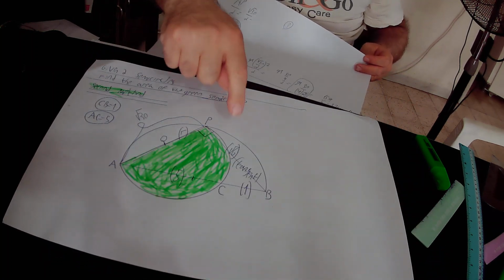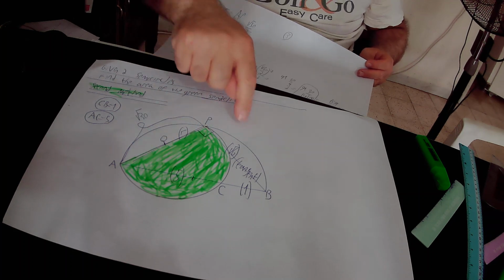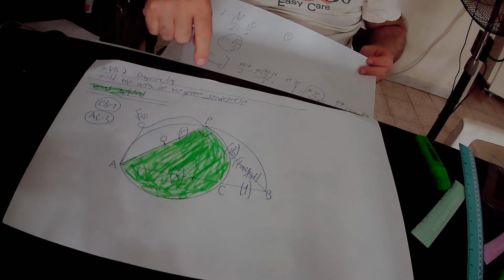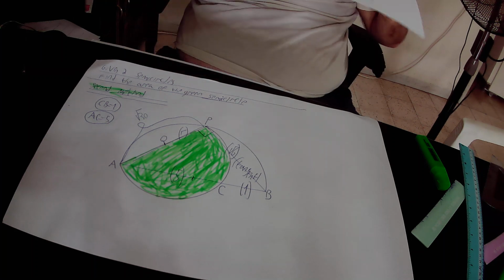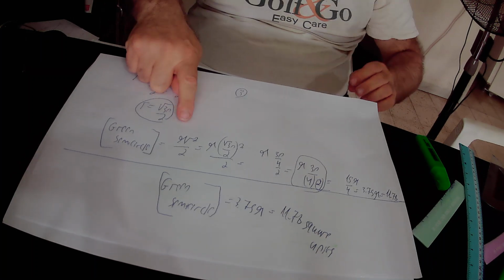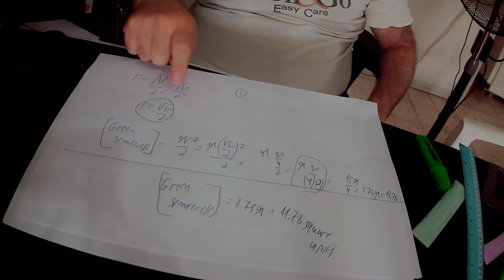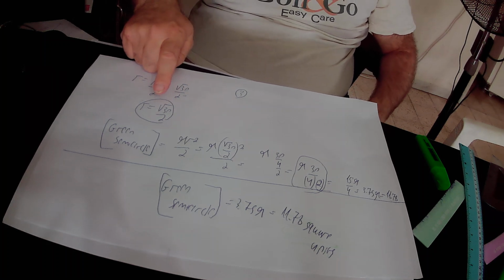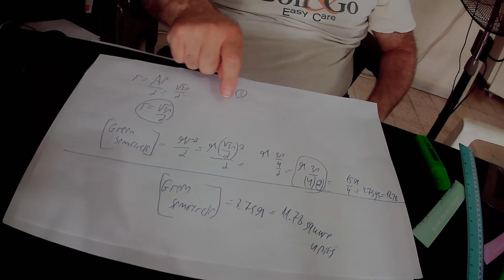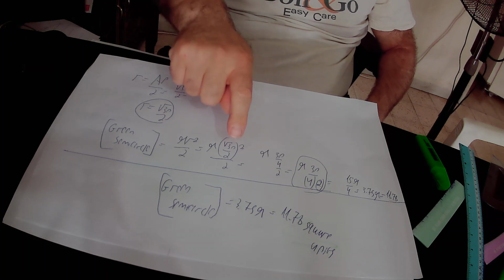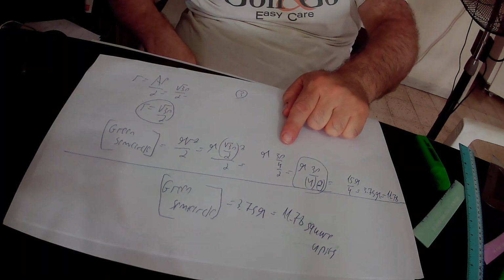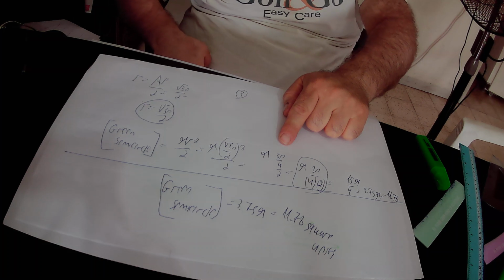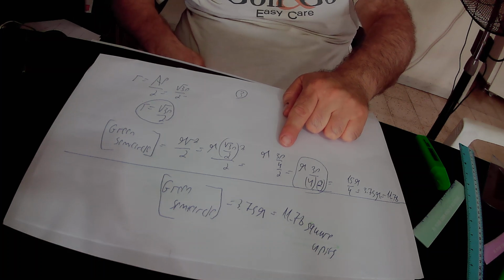Our mission is to find the area of this green semicircle. The area of this green semicircle must be equal to pi r square over 2. Here r is square root of 30 over 2, therefore r square is 30 over 4. So the area of the green semicircle in total equals pi times 30 over 4, over 2.